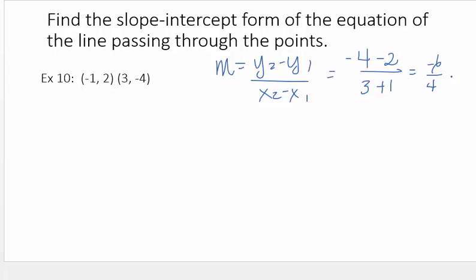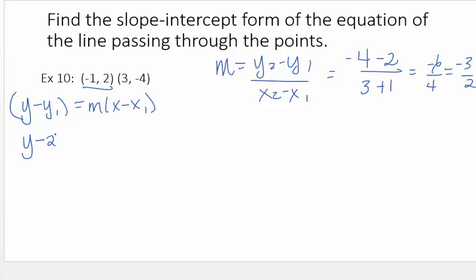Negative 6 over 4, which reduces to negative 3 halves. Always, always reduce. So then I'm going to pick one point, it really doesn't matter which point, and plug it into point-slope form. So y minus 2 equals negative 3 halves, x minus negative 1 makes it plus 1.